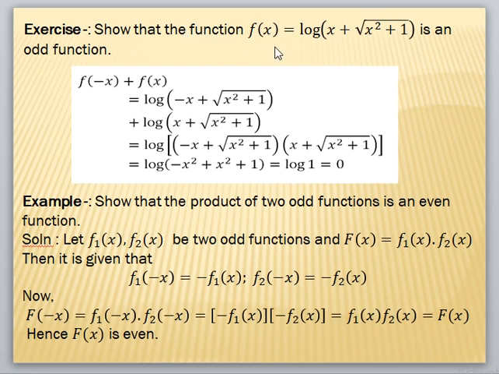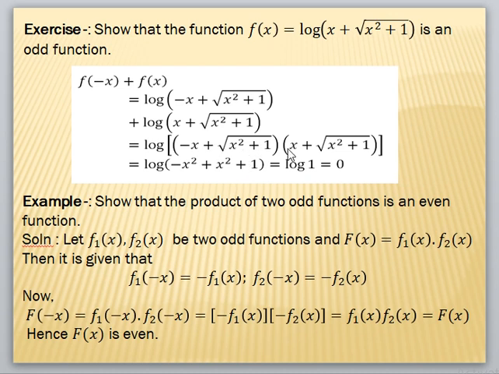Consider this example. f(x) is equal to log of (x plus root over x square plus 1). Find f(-x) and then add f(x) to f(-x). যোগ করলে আমরা কি পাচ্ছি? f(-x) মানে হচ্ছে log of (minus x plus root over x square plus 1), আর f(x) মানে log of (x plus root over x square plus 1).